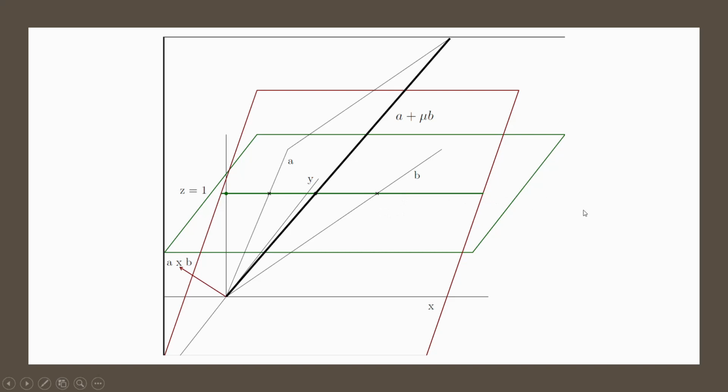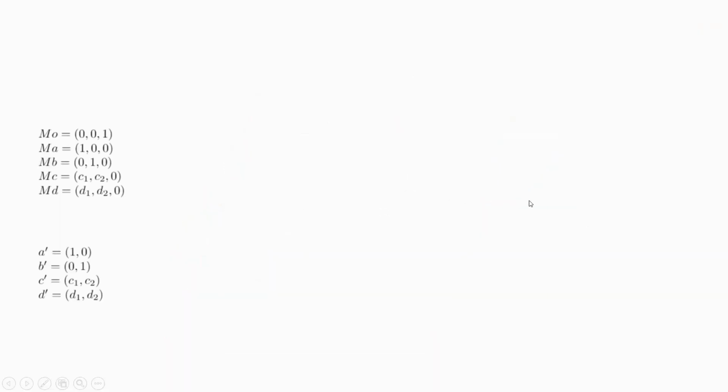So we can use this information to think of a smart projective transformation. It's expressed over here. We project the points to the following new points, and using that the points C and D are also on a line spanned by A and B, we know that these points must be a linear combination of A and B transformed.